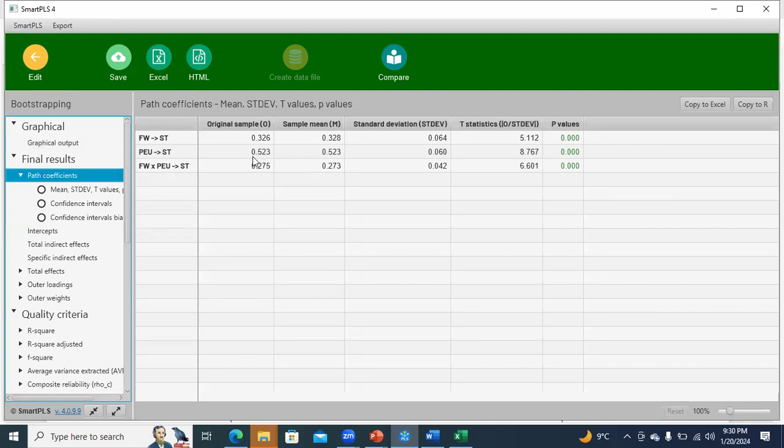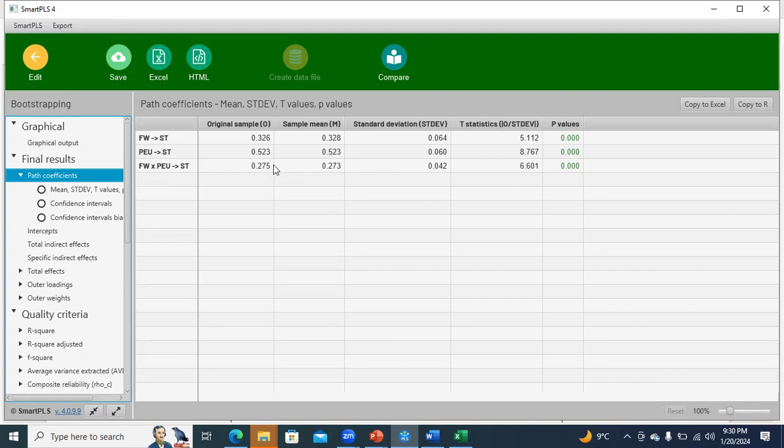You can see the impact of PEU on ST has decreased in terms of coefficient value, while the T value has decreased, but the P value remains the same. So it has decreased the impact by including the FW as a moderator.